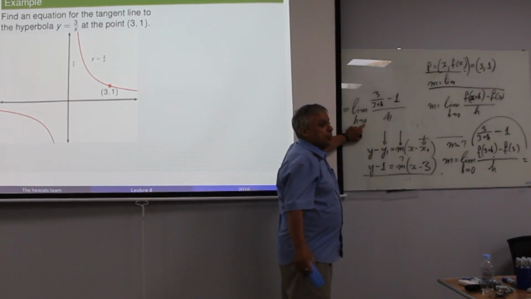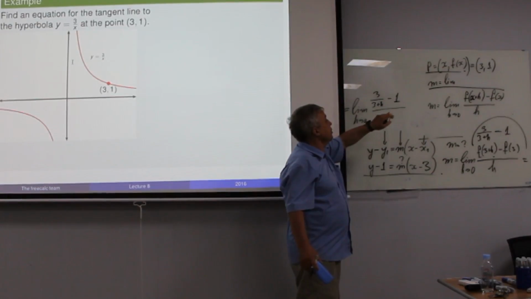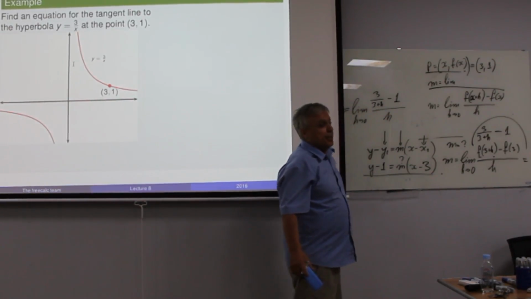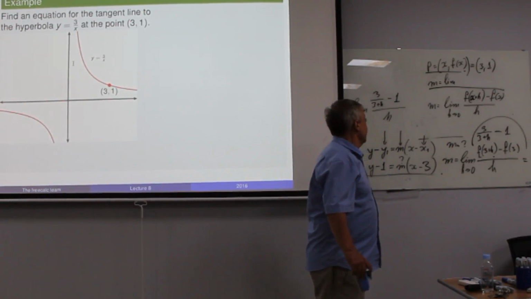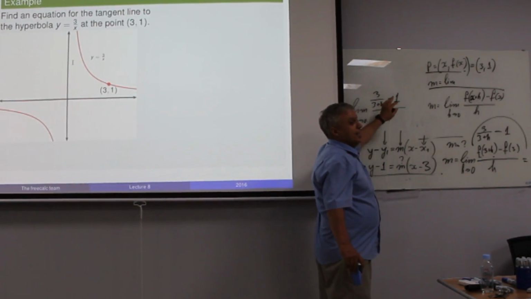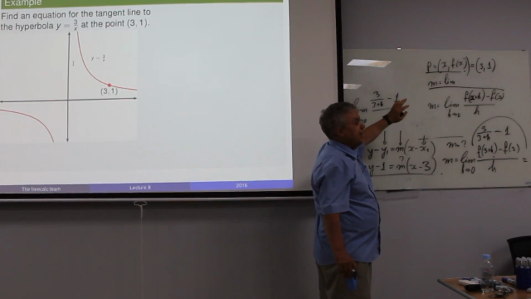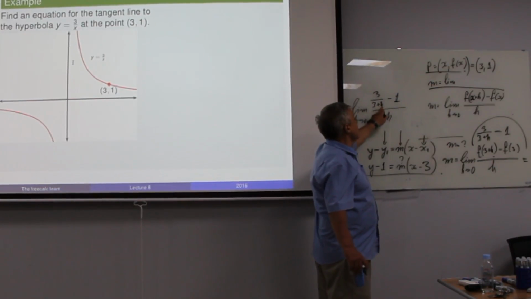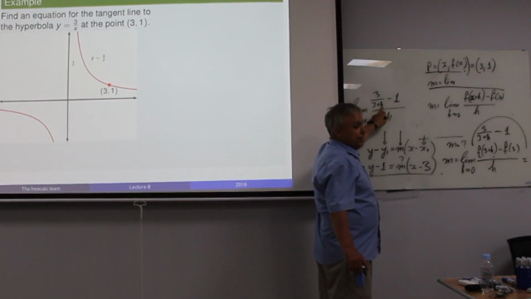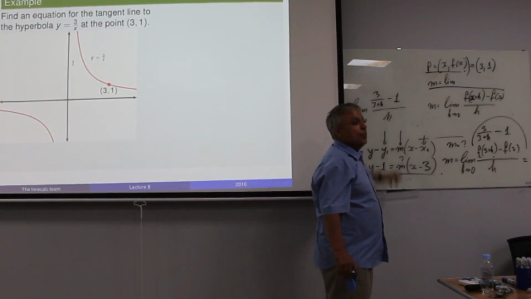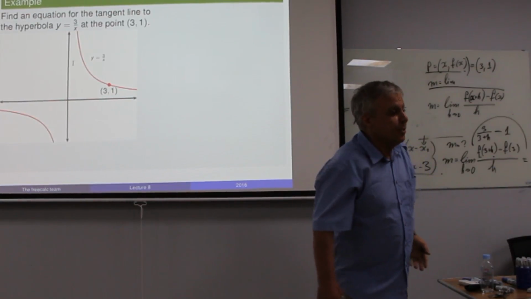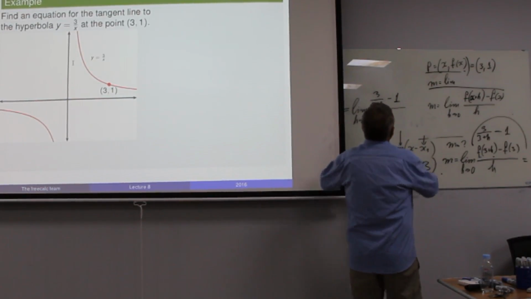H goes towards 0, so replace h with 0. What do we get? 3 over 3 plus 0 is 1, minus 1, so we get 0 over 0, right? We cannot use direct substitution.